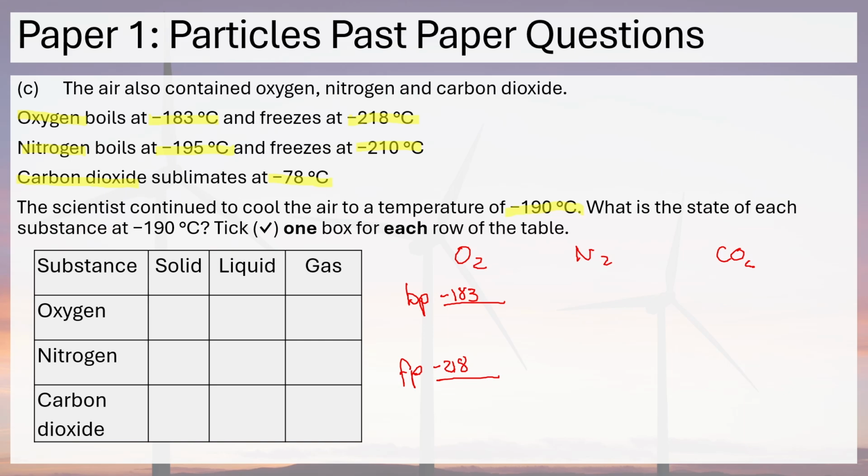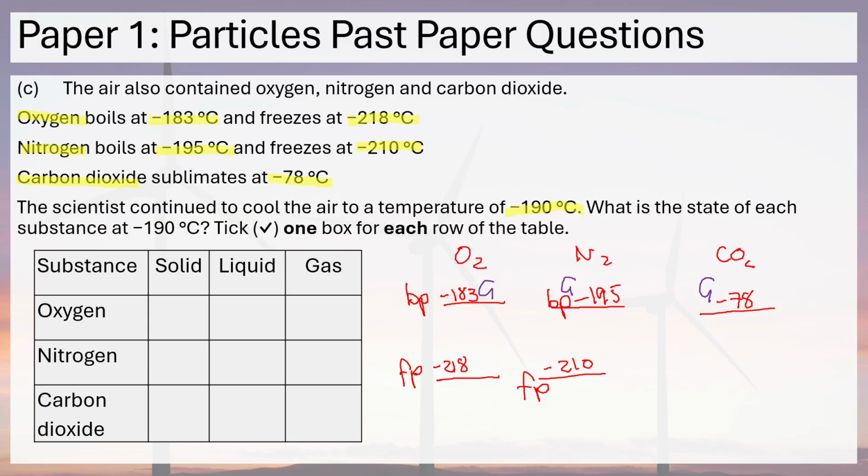If I look at nitrogen, my boiling point is going to be at minus 195, and my freezing point is going to be at minus 210, and then carbon dioxide just sublimates at minus 78. So if I consider what that really means, then once you've boiled, you become a gas. This is a gas. This is a gas.